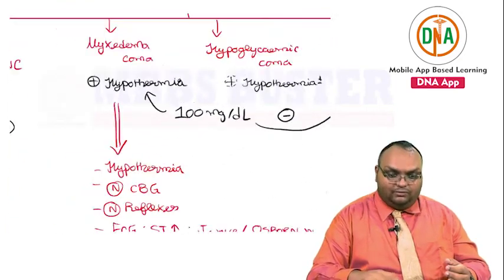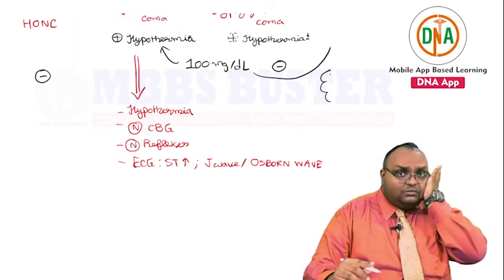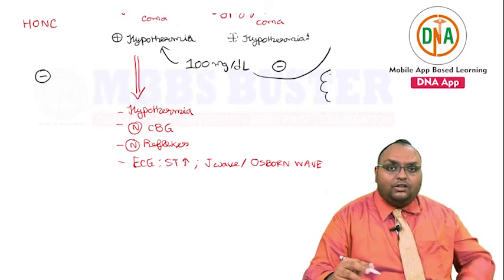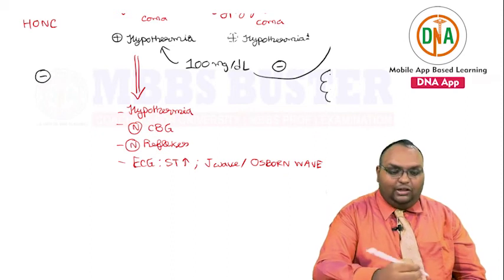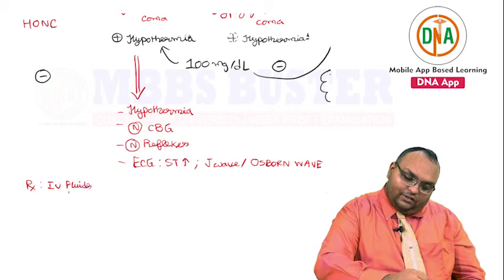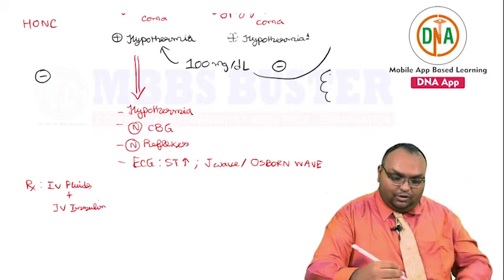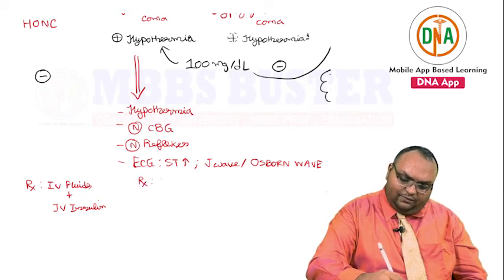myxedema coma. Now, what are the treatments to these different scenarios which we've discussed over here? So DKA or HONK, whatever it be, the treatment was IV fluids and IV insulin. For hypothermia, in case of myxedema coma, the treatment would be IV levothyroxine or liothyronine.